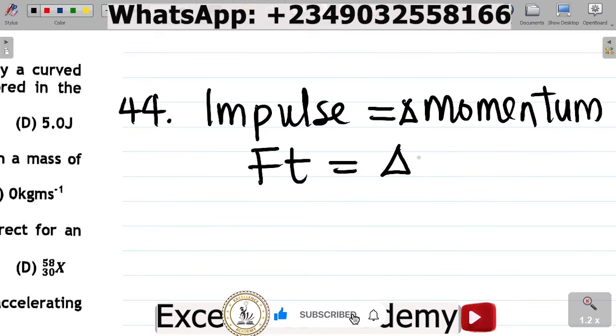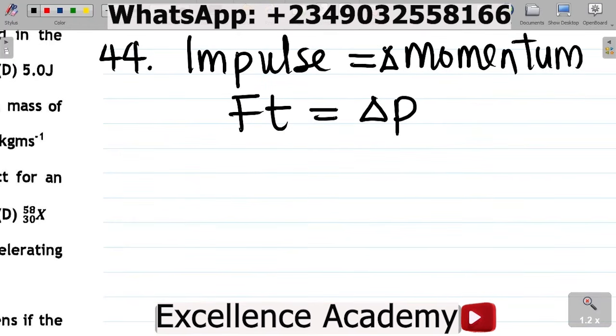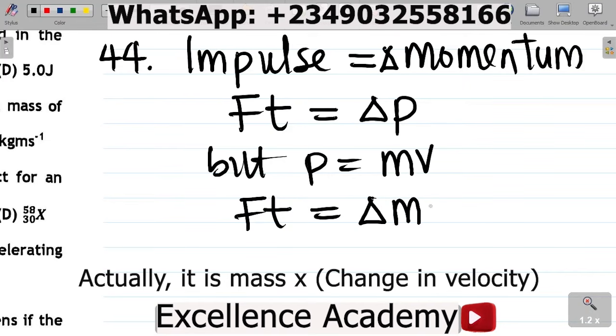So change in momentum. So force times time, which is impulse, is equal to change in momentum. That's P. We use P for momentum. Again, you want to record that, but momentum P is equal to product of mass and velocity. So force times time for impulse is equal to change in mass times velocity.